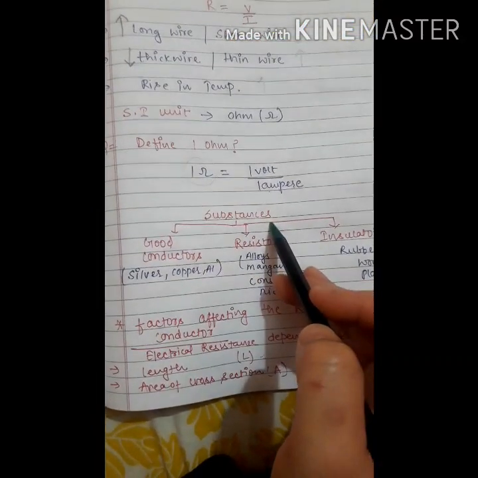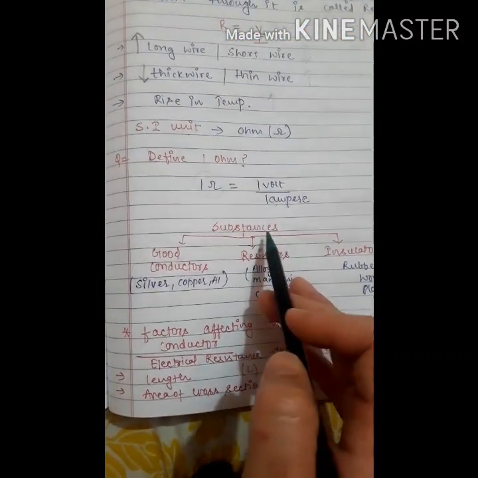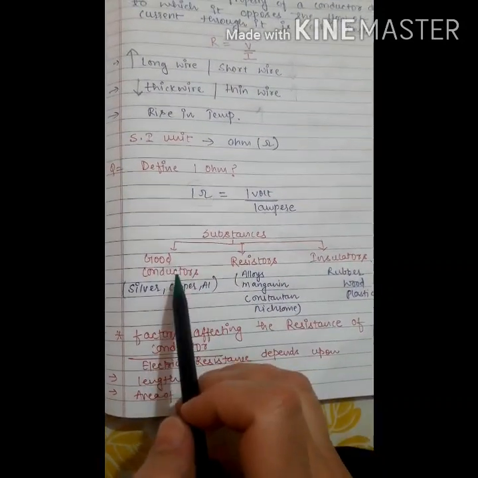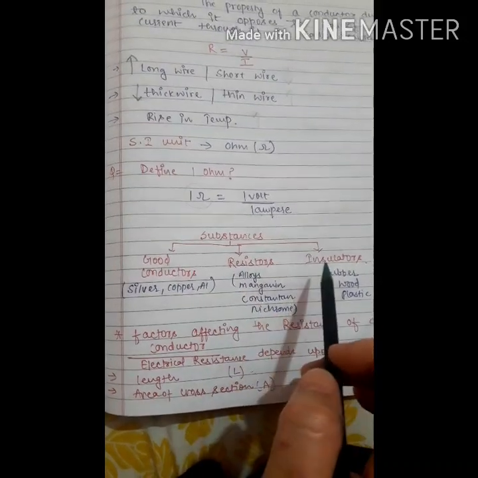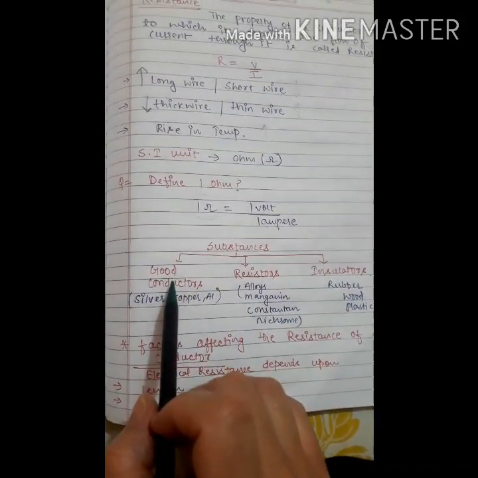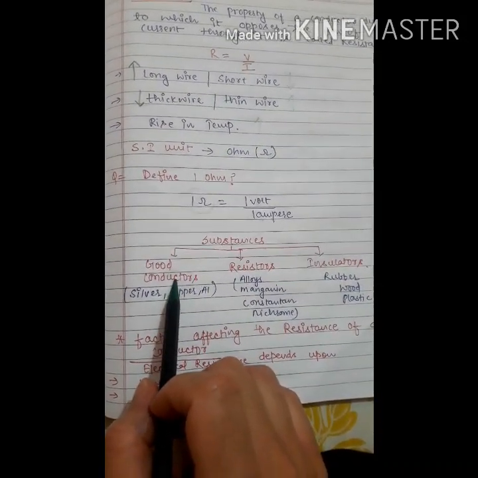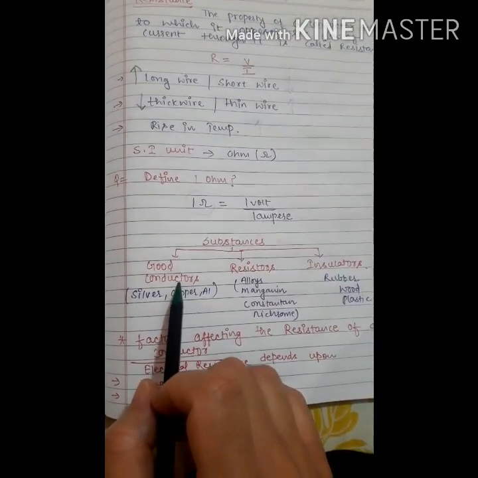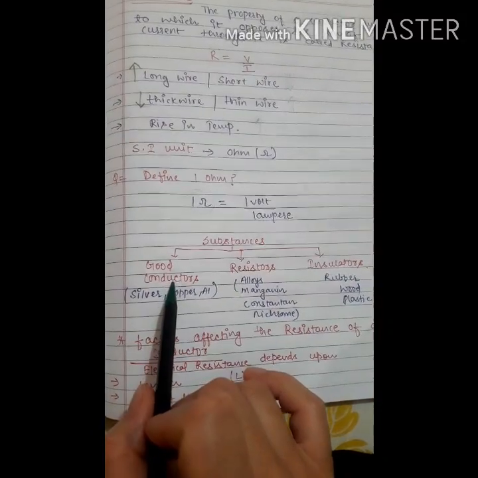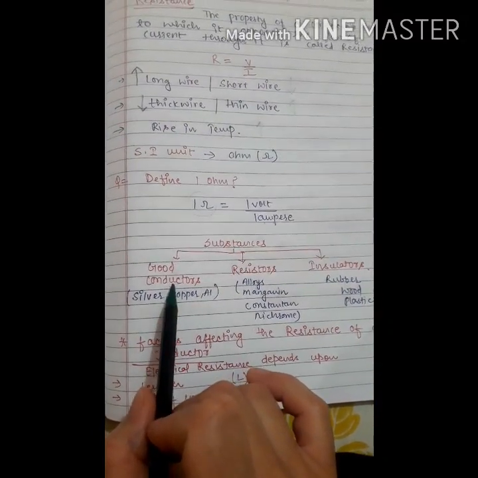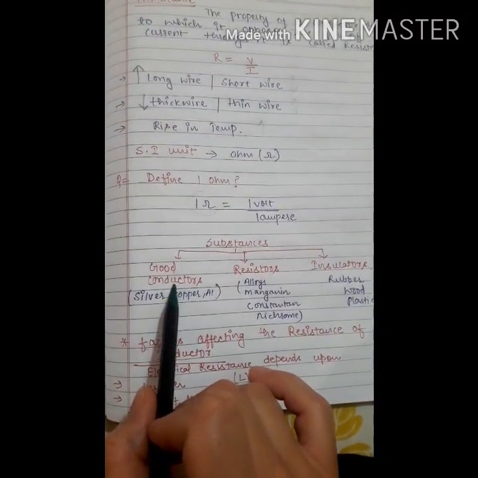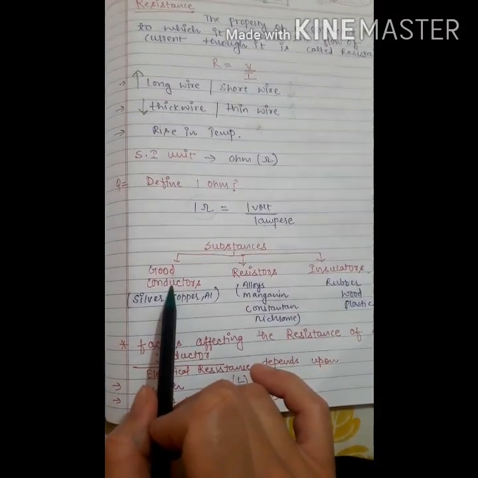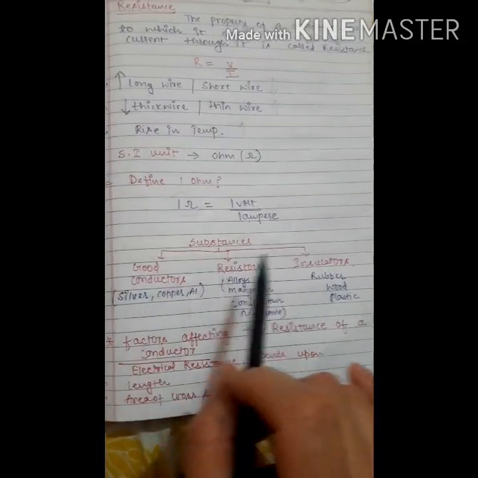Now, on the basis of electrical resistivity, substances are divided into 3 main categories: conductors, resistors, and insulators. Conductors are those substances through which electricity can easily pass. On the basis of electrical resistivity, a conductor is one in which the electrical resistivity is very low, known as a good conductor.